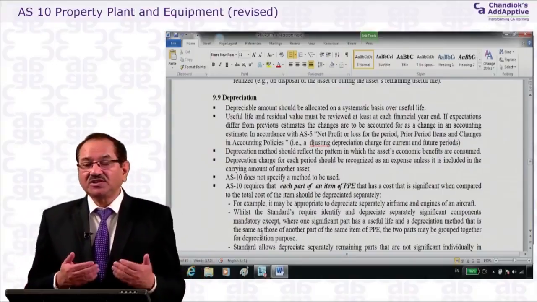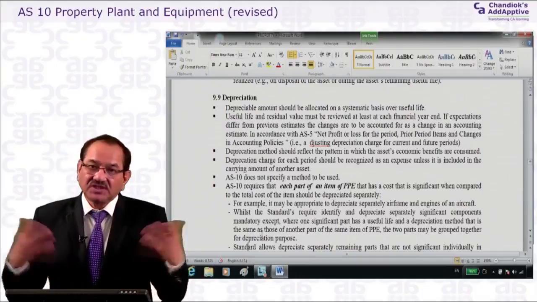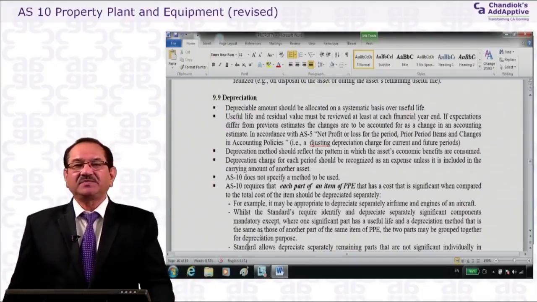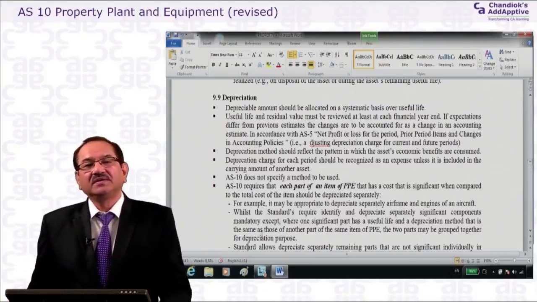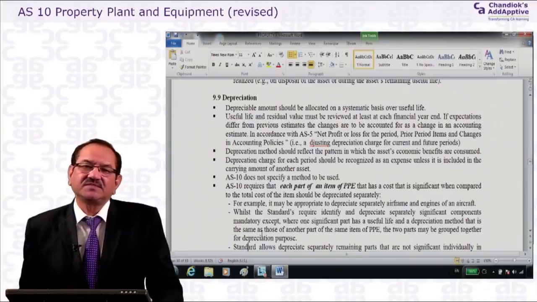It will go on changing because you are predicting some future value, future life, and certainly you can't say anything by 100% that in the future it is going to happen. Life may change from 10 years to 8 years, or 10 years to 12 years.